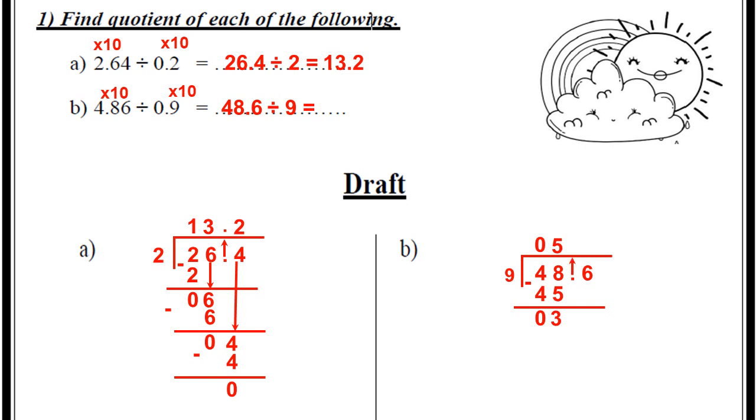So the decimal point will fly up. And now 6, bring it down. Excellent. Now 36 divided by 9 is 4, because 4 times 9 is 36. And now 36 minus 36 equals 0. Here we don't have a remainder. So the answer is 5.4.